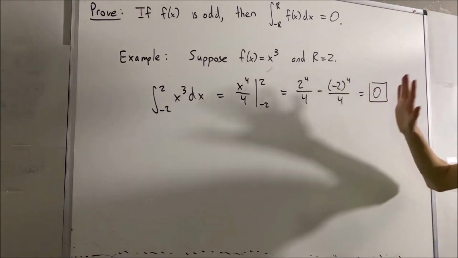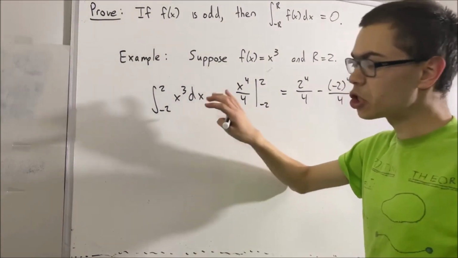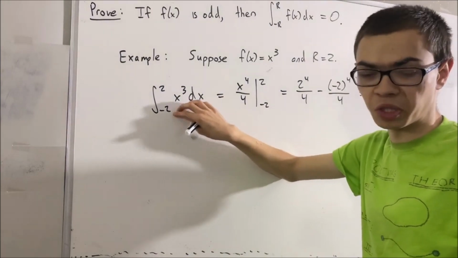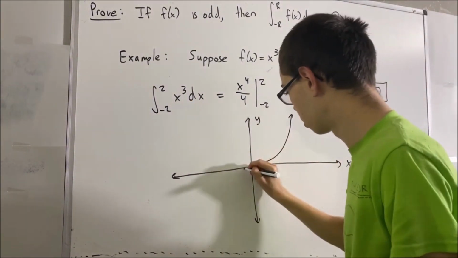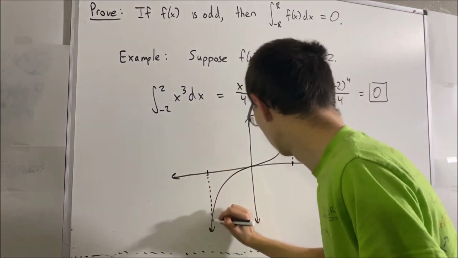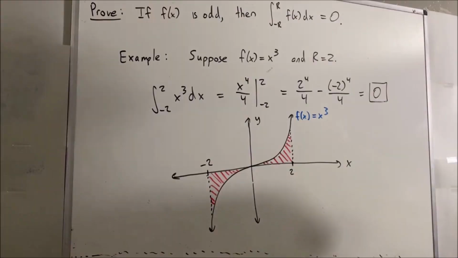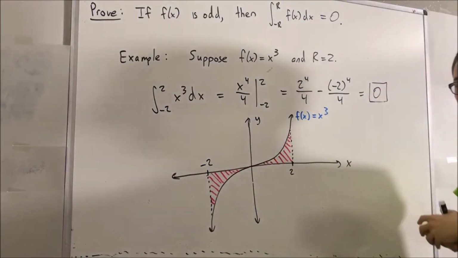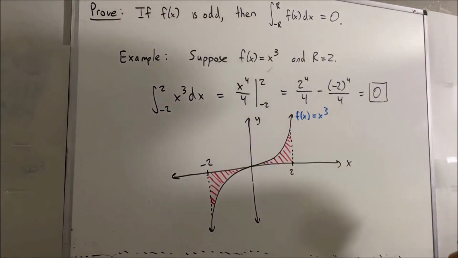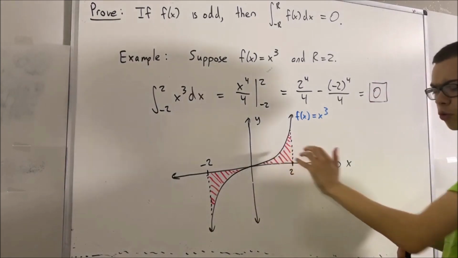But what I want to look at is what this integral looks like geometrically. Let's draw a graph of what this integral looks like. So this right here is what our definite integral looks like graphically. And notice that these two areas appear to be equal to each other.